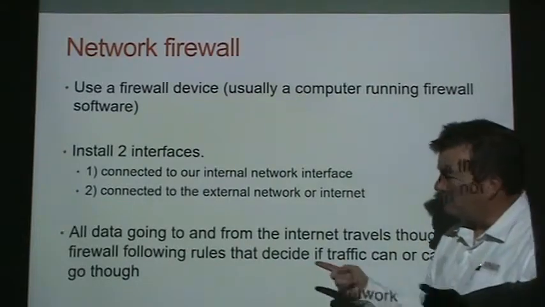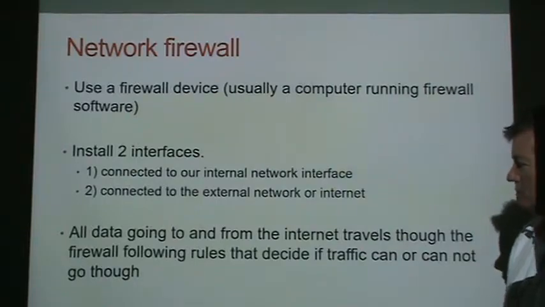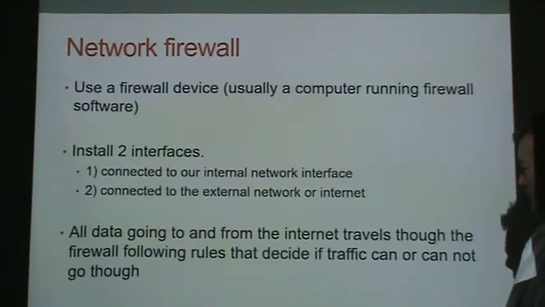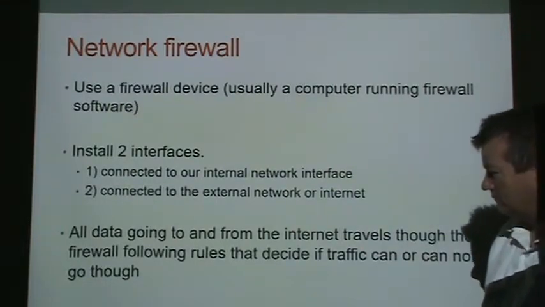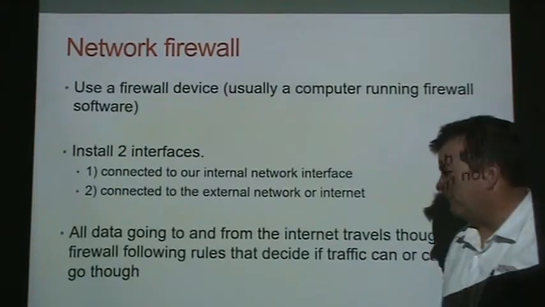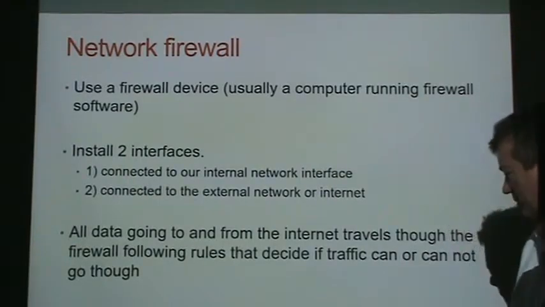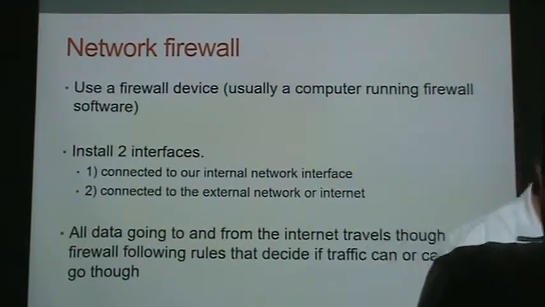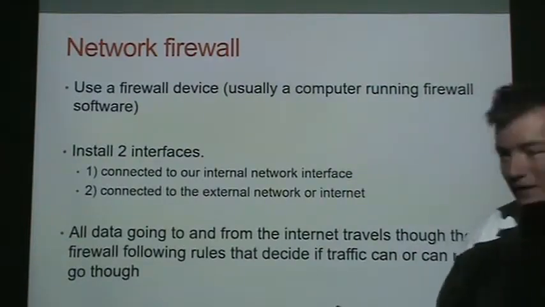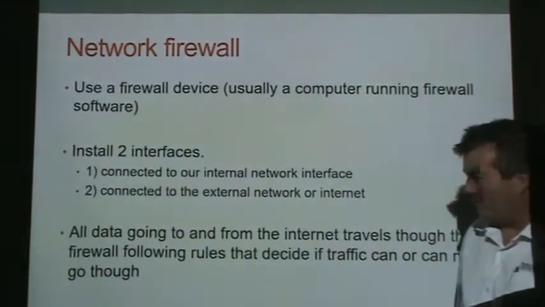And then traffic going between the two, we do lookups on tables. So all data going to and from the internet travels through the firewall, following the rules that we decided when we set up our firewall. It's placed at the boundaries of a trusted network. So if our internal network is a trusted one and the internet is a non-trusted one, we put it at the boundary of our network.